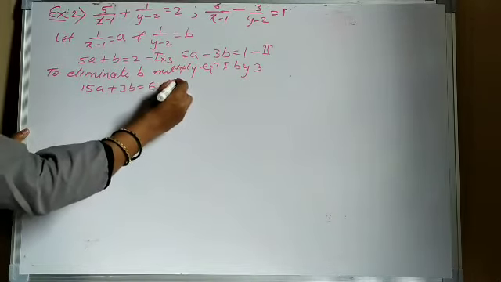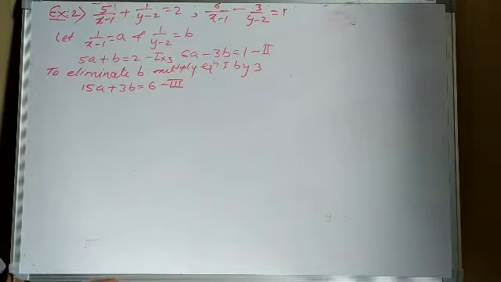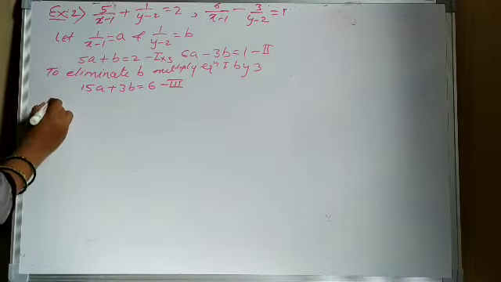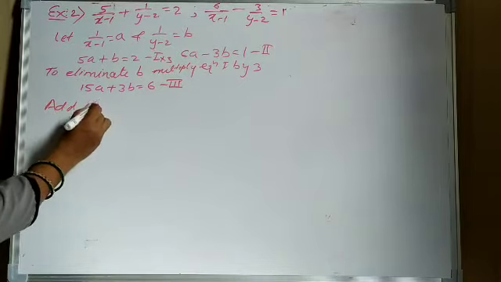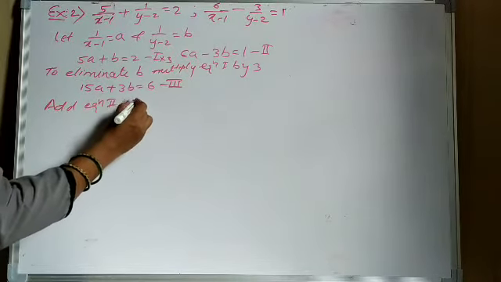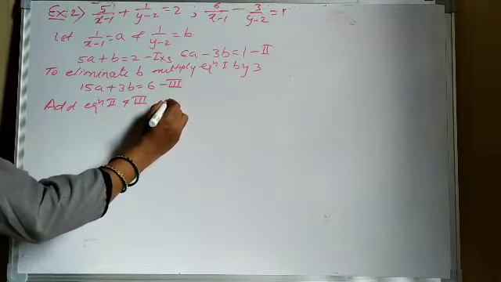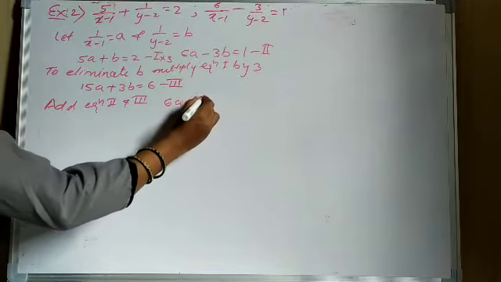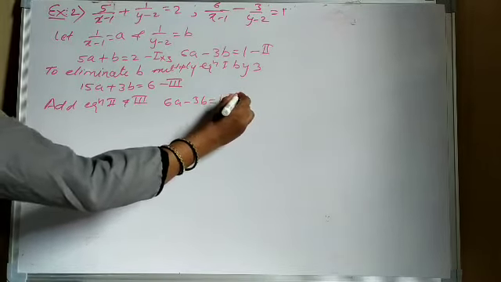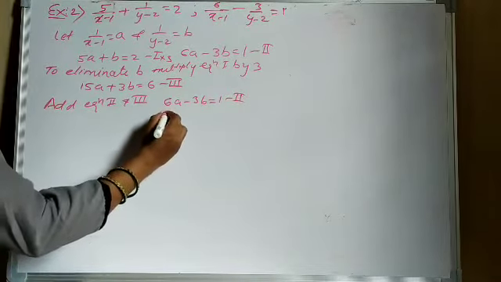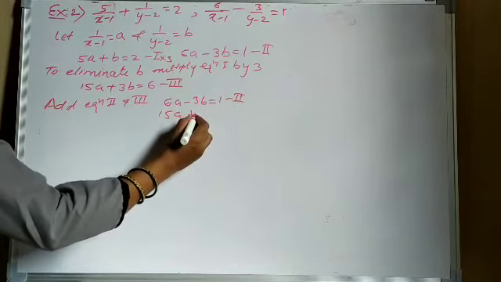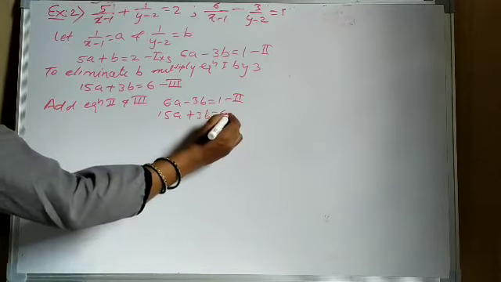This is equation number 3. Now observe equations 2 and 3. So add equations 2 and 3. Equation 2 is 6a minus 3b is equal to 1, and equation 3 is 15a plus 3b is equal to 6.